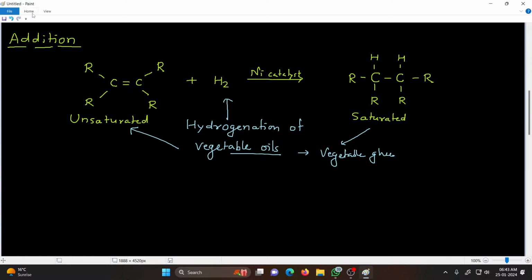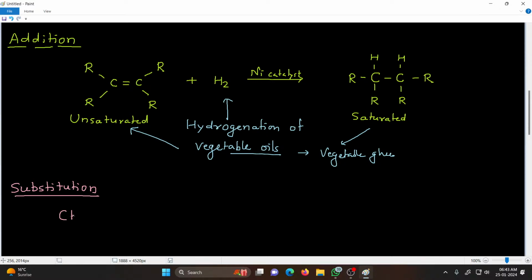Next reaction of carbon compounds is substitution reaction. And substitution reaction is similar to the displacement reaction of inorganic compounds. We know that in a displacement reaction, a single atom or ion which is more reactive displaces another atom or ion.